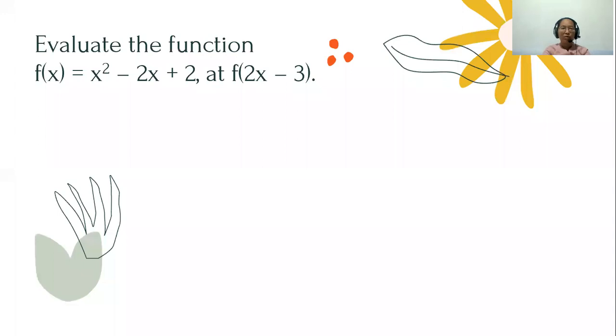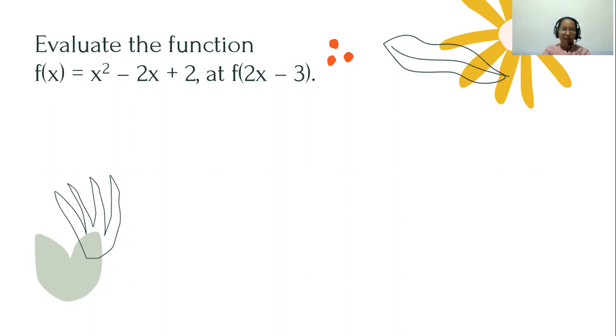Next, we have: evaluate the function f of x is equal to x squared minus 2x plus 2 at f of 2x minus 3. So this time, the value of x given is not a constant. So how do we do this? It's the same. Just replace all the x's by 2x minus 3.